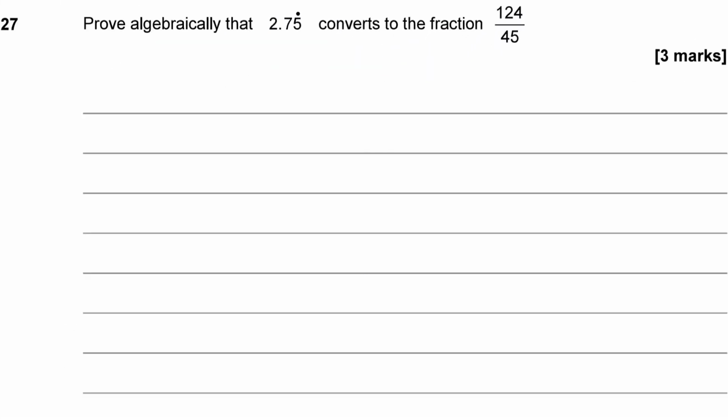Question 27. Prove algebraically that 2.75 recurring converts to the fraction 124 over 45. Okay, so what does 2.75 recurring look like? It's 2.755555 and so on. Okay, let's make that equal to x.